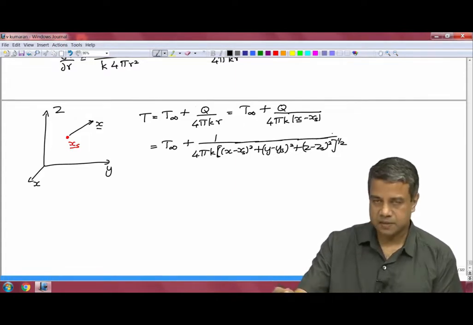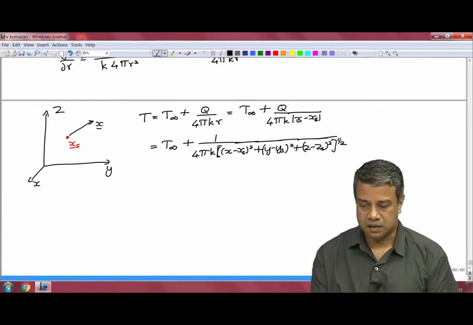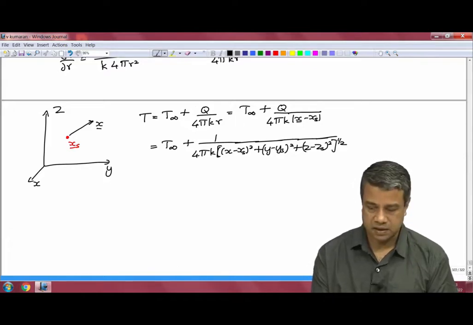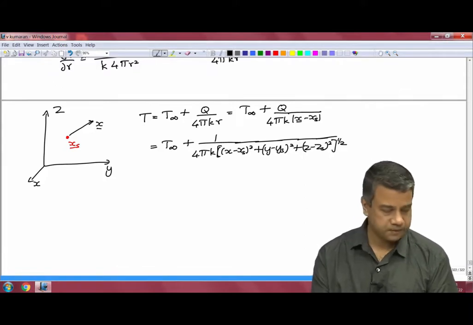X square plus y square plus z square, the square root is the distance, and in this case the three displacements in the coordinate directions are x minus xs, y minus ys and z minus zs.